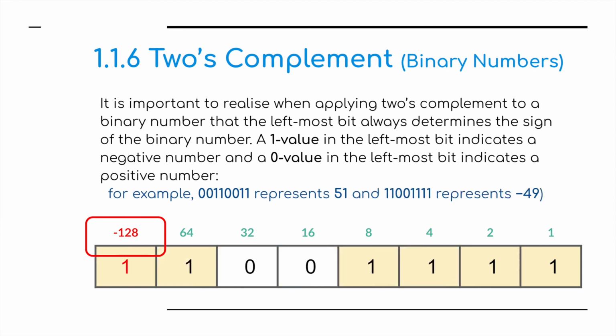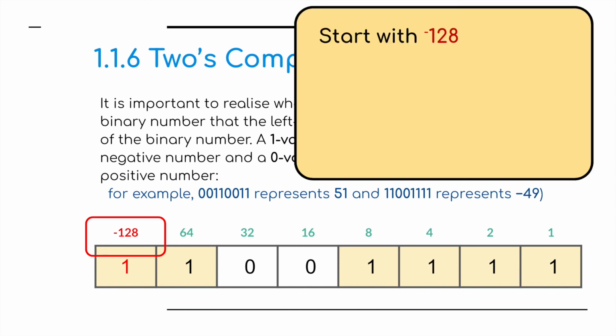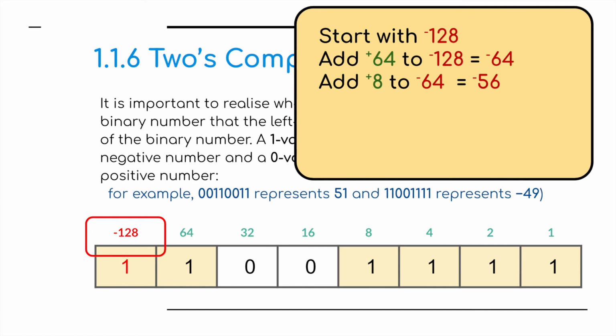So if we want to represent the number minus 49, we're going to put a 1 under the minus 128. This shows that it's a minus number, and we're going to start with that number, minus 128. We're then going to add to it positive 64. Positive 64 plus minus 128 would give us minus 64. If we then add positive 8 to minus 64, we would get minus 56. Add positive 4, we would get minus 52.